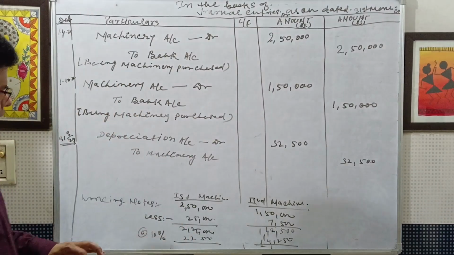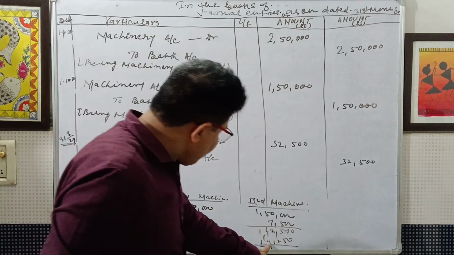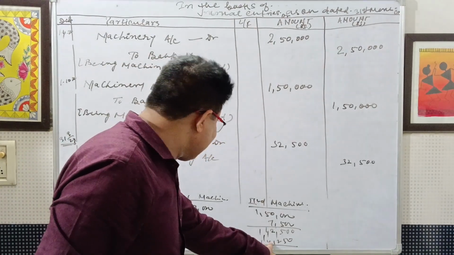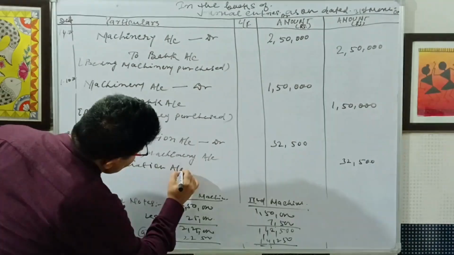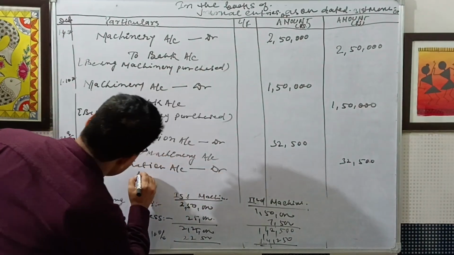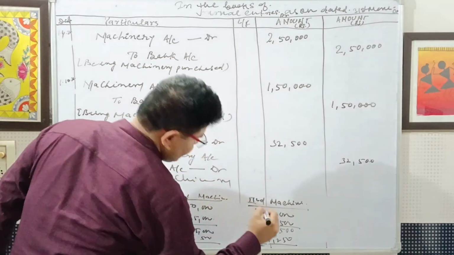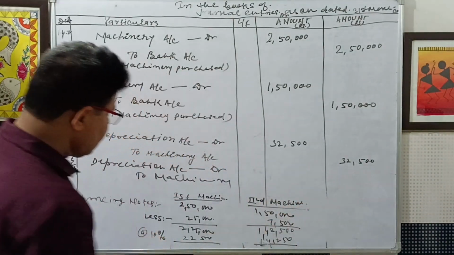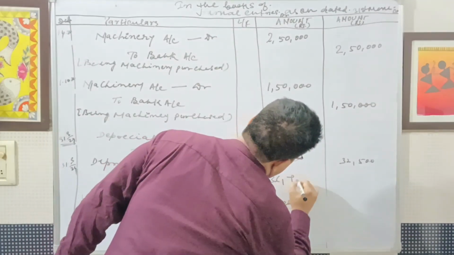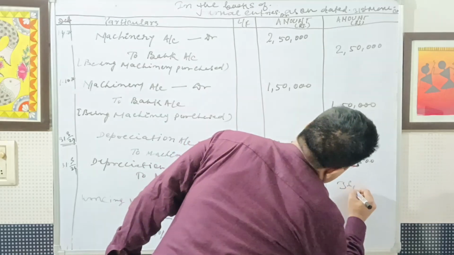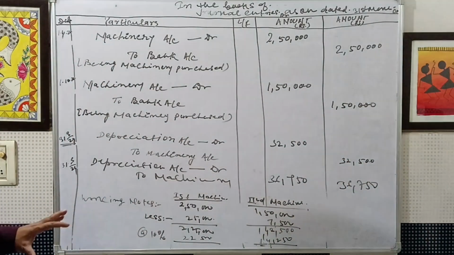So total depreciation is 36,750. Depreciation account debit to machinery account. How much? 36,750. So these are the general entries.